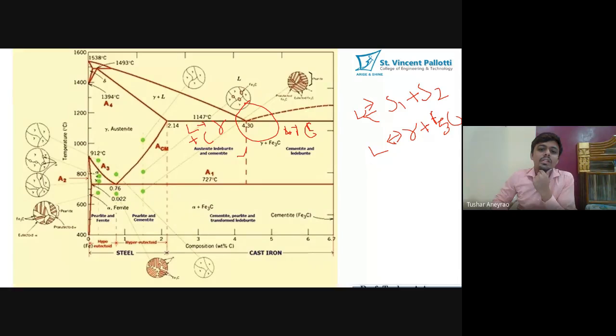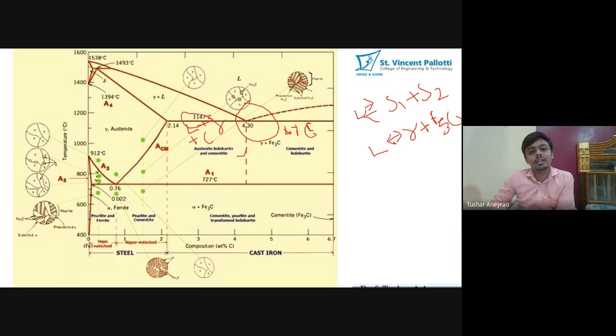So this reaction is happening at 4.3% carbon and 1147 degrees centigrade. So this mixture at 4.3% carbon is called the eutectic mixture. Eutectic mixture with 4.3% carbon.